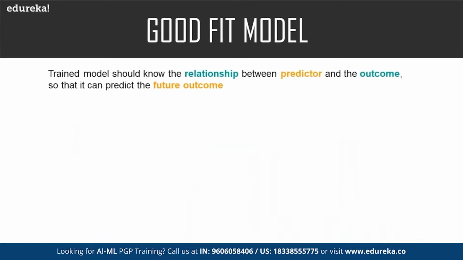Sometimes in the industry they also call it the best fit model. The trained model will have the right relationships between the predictor and outcome. Here, the predictor and outcome are mentioned to make it easier for the audience to understand, but industry terminology is quite different.